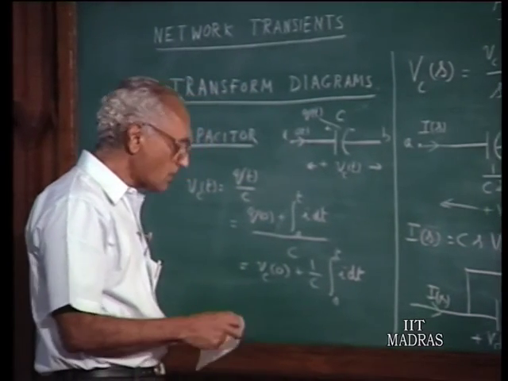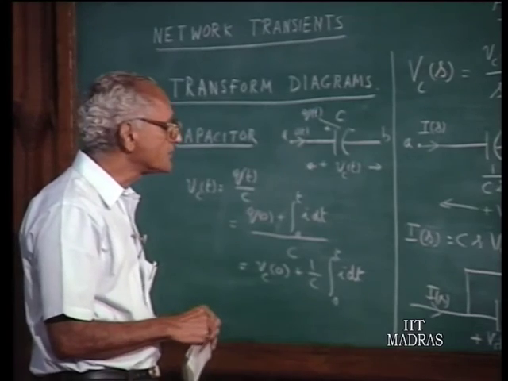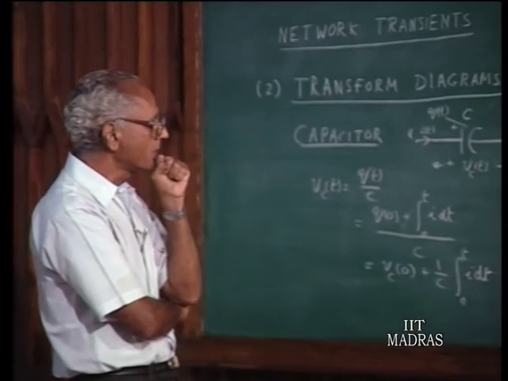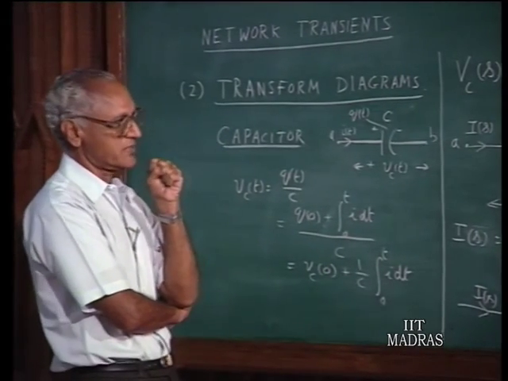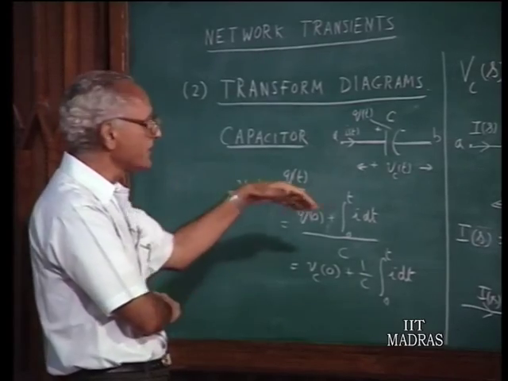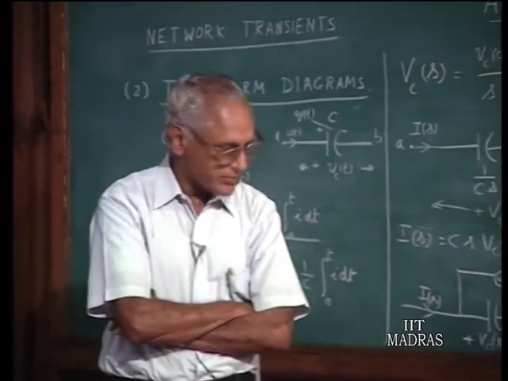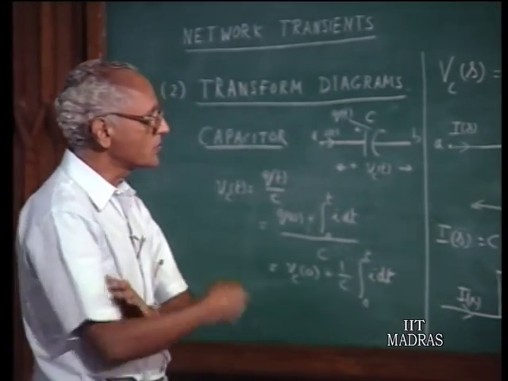A third point which we would like to make note of is, when you take the initial conditions, you are at liberty to choose either 0 plus conditions or 0 minus conditions. That is why in all this analysis, I did not commit myself to saying whether it is 0 plus or 0 minus. You can use 0 plus or 0 minus.